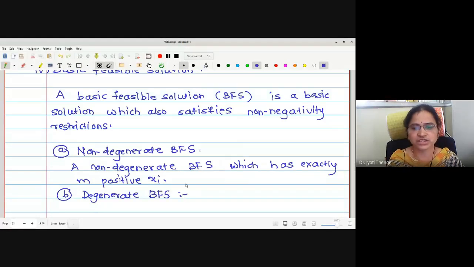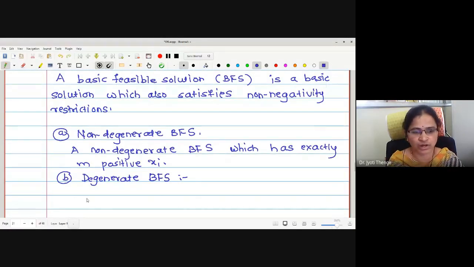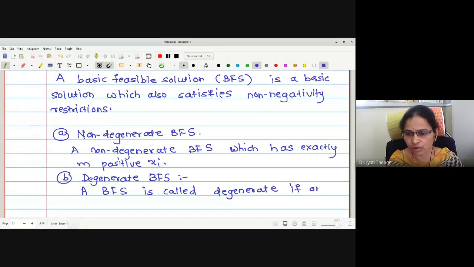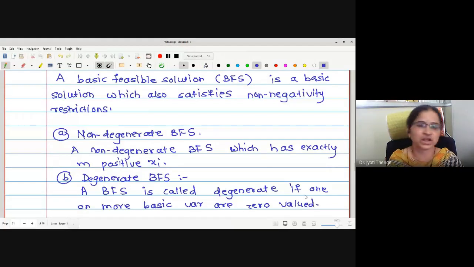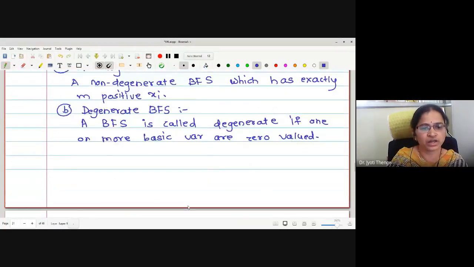Here in the degenerate, some of the variables are zero. A basic feasible solution is called degenerate if one or more basic variables are zero valued, which means there is a scope to improve the values again. This is what degenerate and non-degenerate mean.